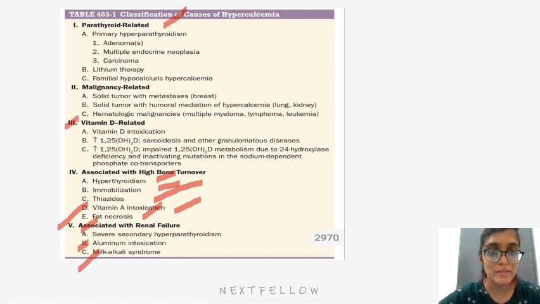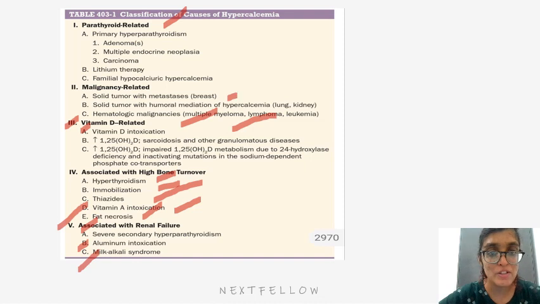Vitamin D related: vitamin D intoxication, increase in 1,25 OH D, that is sarcoidosis and other granulomatous diseases. Another is impaired 1,25 OH D metabolism due to 24-hydroxylase deficiency and inactivating mutations in sodium-dependent phosphate co-transporters.